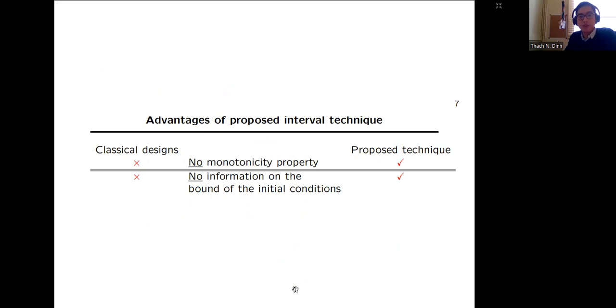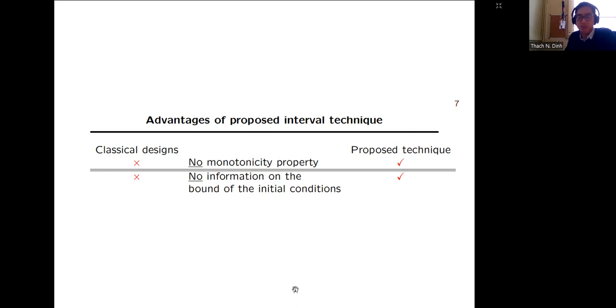Let me recall the advantages of the proposed interval technique. Compared to classical designs, we need either the monotonicity property or information on the bounds of the initial condition, or both of them.